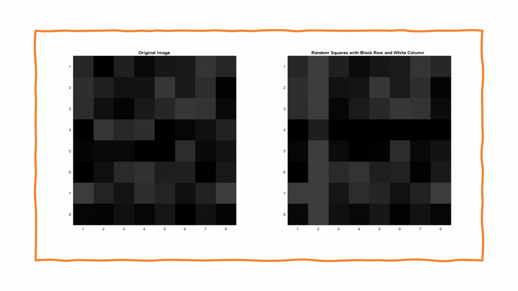The first one is the original image, which we got using the function floor of 256 times random of 8, 8, with random intensity values ranging from 0 to 255. By modifying it, we made all the row elements of row 4 low intensity values and all those of column 2 high intensity values, except for (4, 2), which we gave the value of 128.